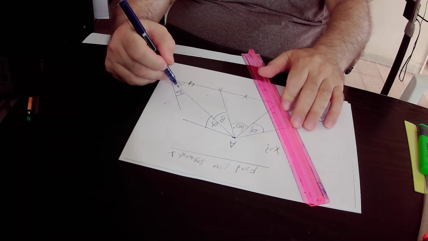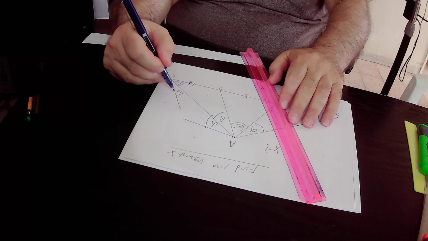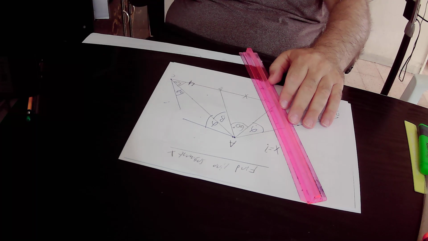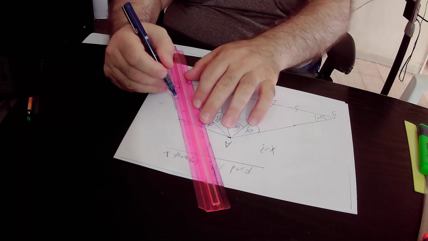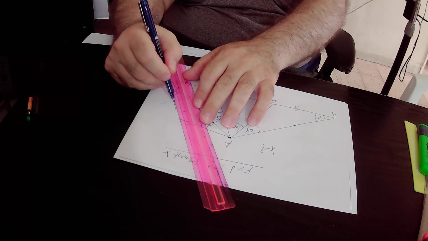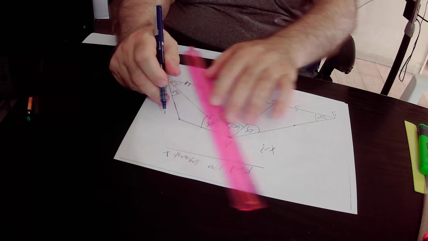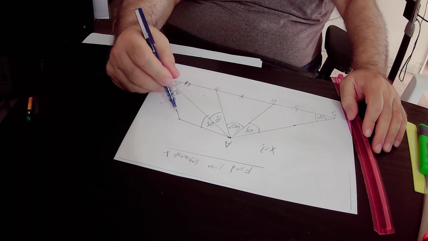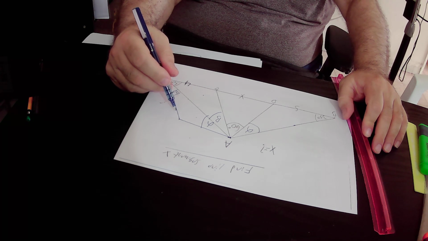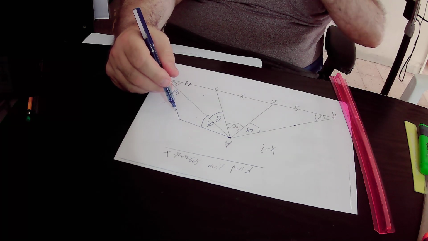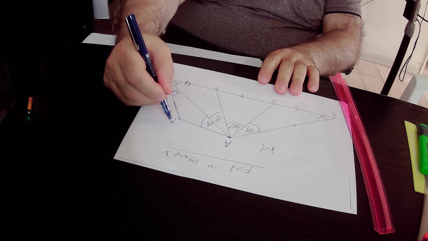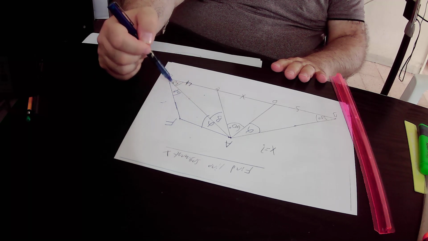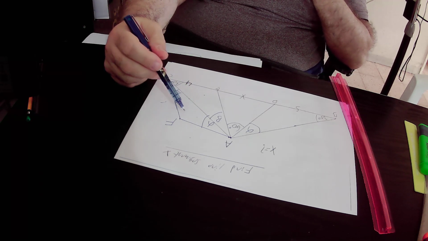In the next step, we will extend the straight line from point C until it intersects with the other straight line. And we will define the intersection point of the two straight lines that we constructed as point F. So here we created triangle ACF.